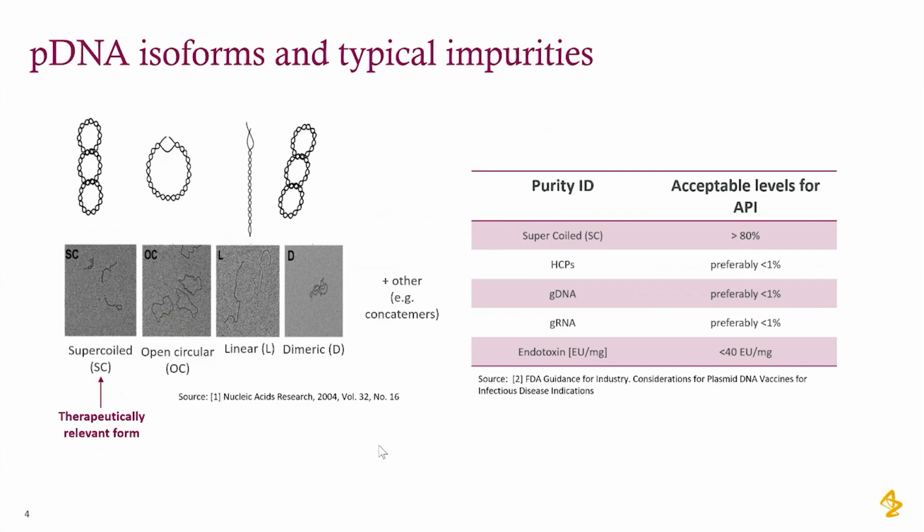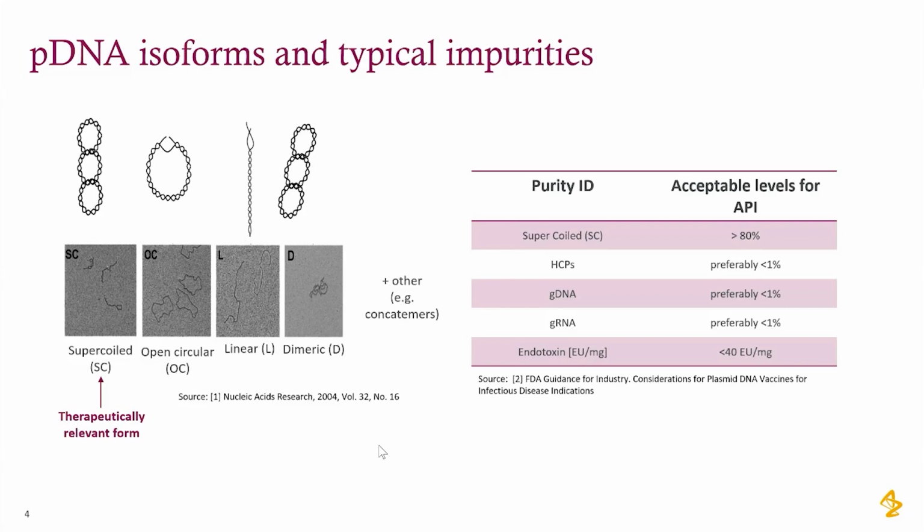And we want this form to be present in our pDNA samples at more than 80% purity. Also, based on the FDA guidance, we have specific requirements for a variety of impurities. So we want to design our process to meet those criteria for the quality of supercoiled and for the levels of impurities.